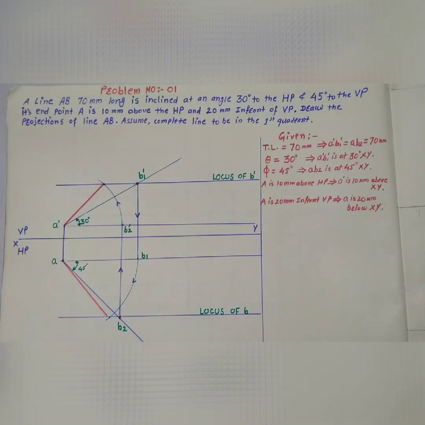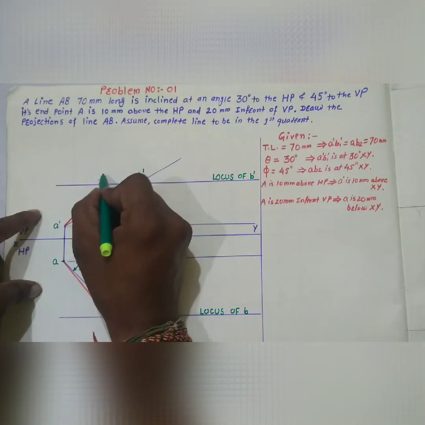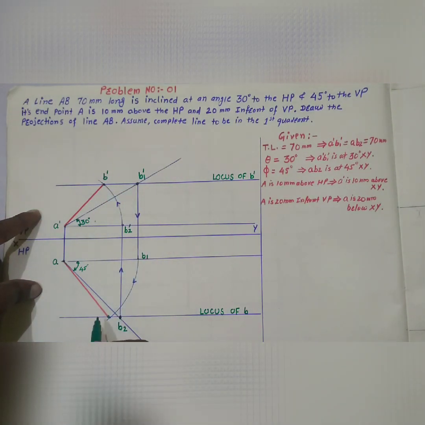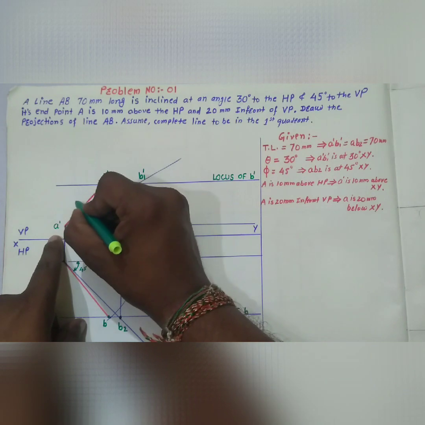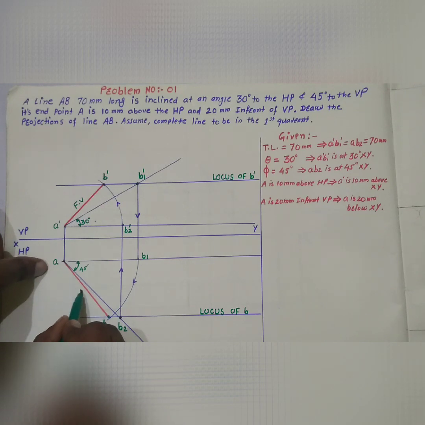Of these two points, this point is B dash and this point is B. Now A dash B dash is nothing but your front view, and A B is your top view.